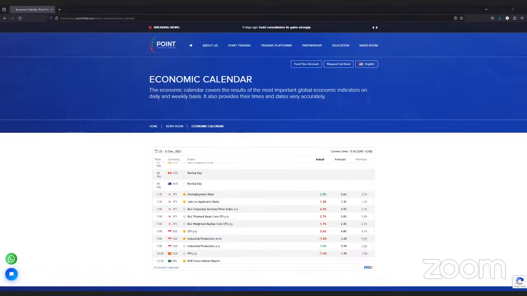Okay, guys. Central bank monetary policy. This is another part. I'm done with the most important release indicators. Now, each major economy has a central bank that typically manages its currency, benchmark interest rates and money supply.